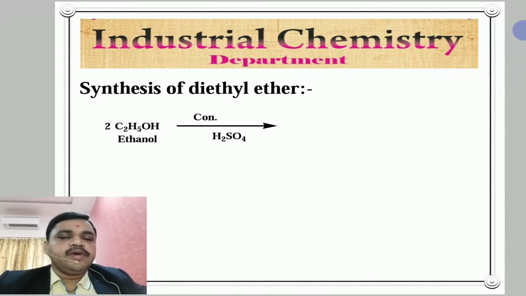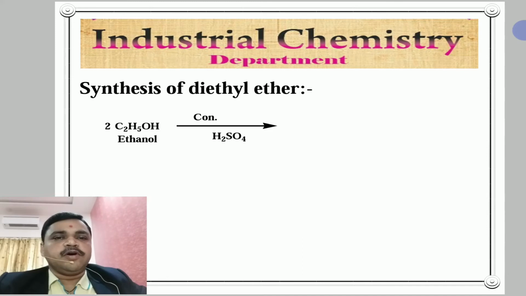According to our syllabus, we study some drugs as anesthetics, for example diethyl ether, benzocaine, procaine, xylocaine and stovane. In this lecture we study only two drugs, diethyl ether and benzocaine, and the remaining will be synthesized in the next lecture.